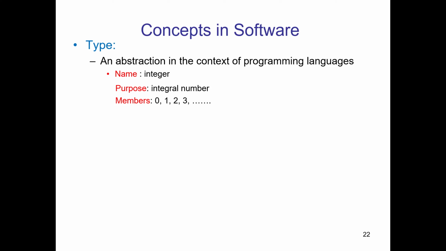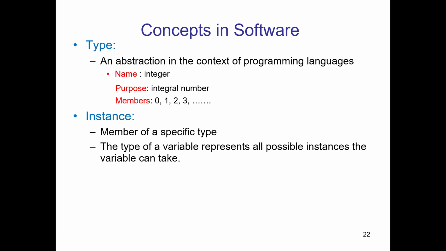So for example, if you're going to be using a name in terms of integer, an integral number, and then the members, that's the type of abstraction. An instance will be a member of that specific type, right? So if you have a set of integer values, you're basically calling one of those members.